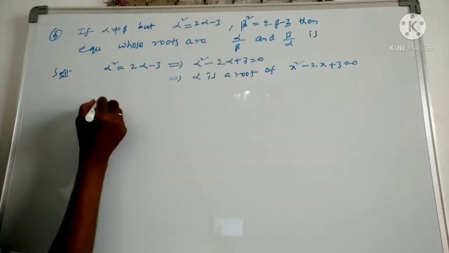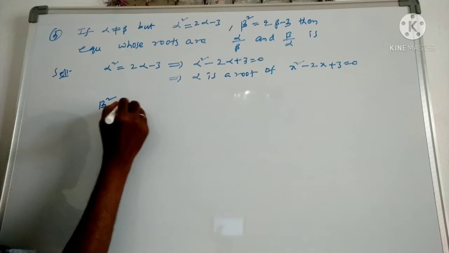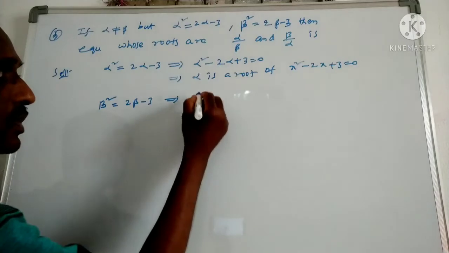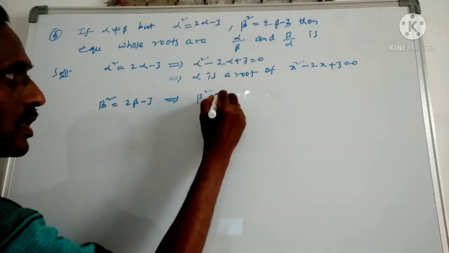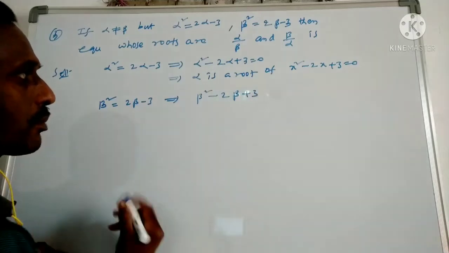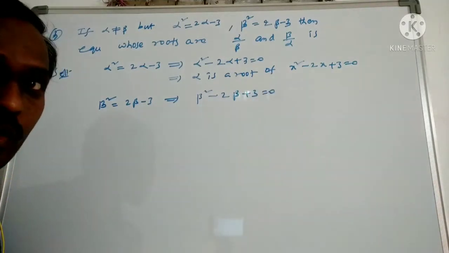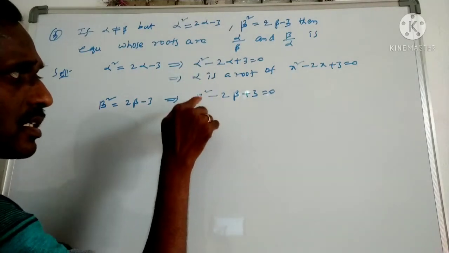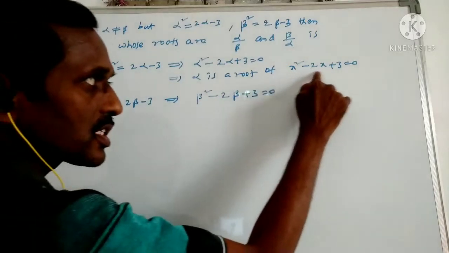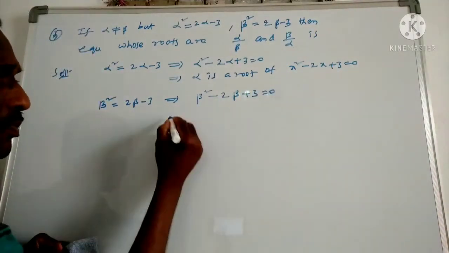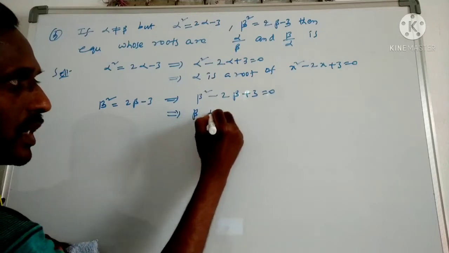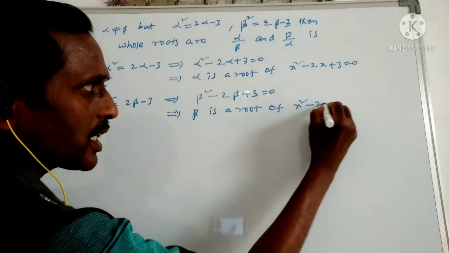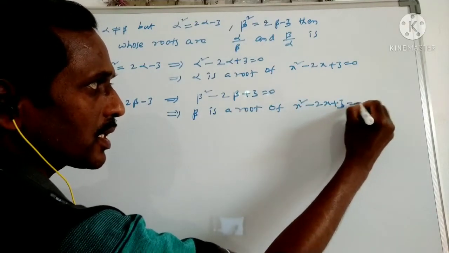Similarly, one more relation is given: beta square equals 2 beta minus 3. Once again convert this into quadratic form: beta square minus 2 beta plus 3 equals 0. Once again, instead of alpha we have beta, meaning this beta is a root of the same quadratic equation. So this implies that beta is a root of x square minus 2x plus 3 equals 0.